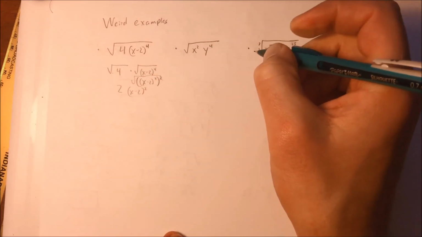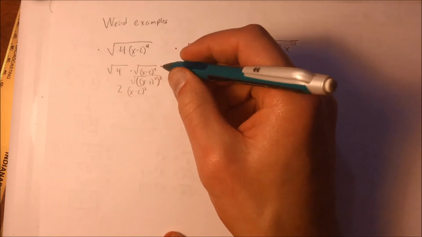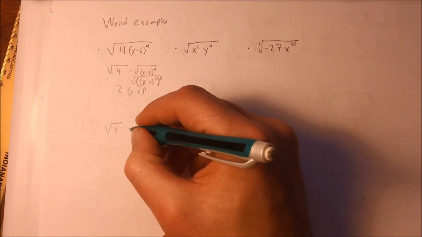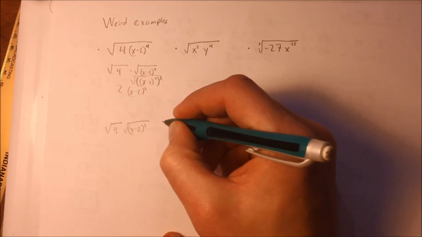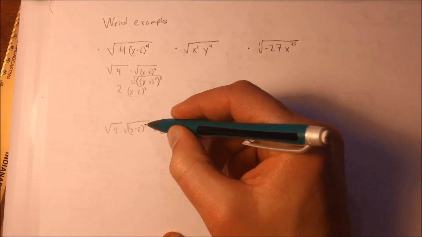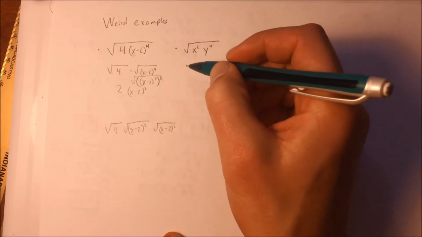Now, if you don't understand how that worked, let's rewrite it a different way. We just rewrite square root of 4 times x minus 2 squared, x minus 2 squared. Well, those are both squared, so that means it would be x to the fourth there.